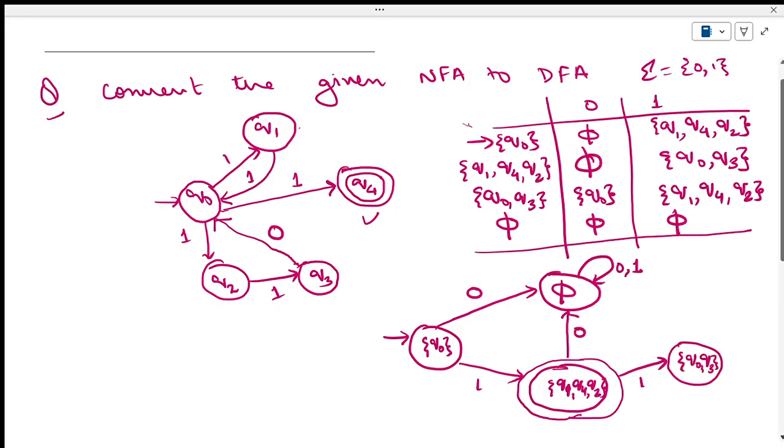Q0, Q3, I will not make this the final state in this diagram because neither Q0 nor Q3 is a final state in the main diagram. So this is just a normal state.